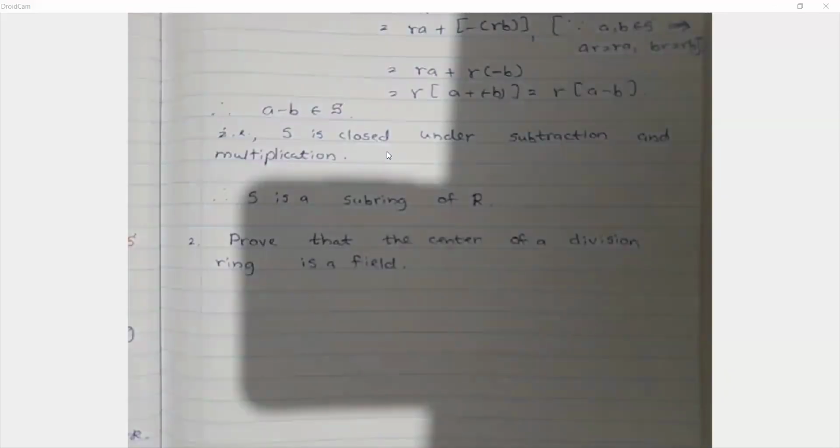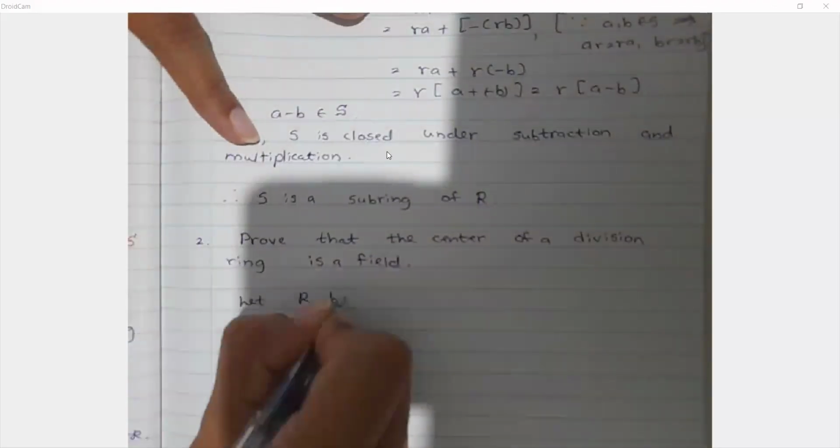So first of all, we define R now to be a division ring, right? R is a ring with unity. We take it to be a division ring.